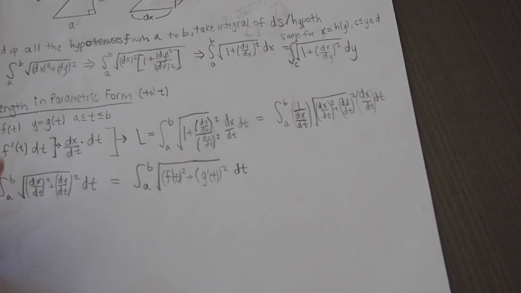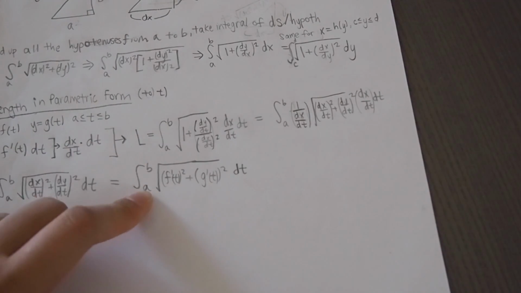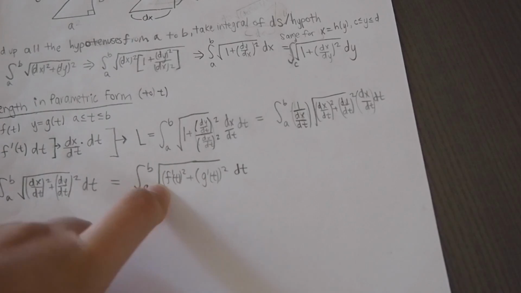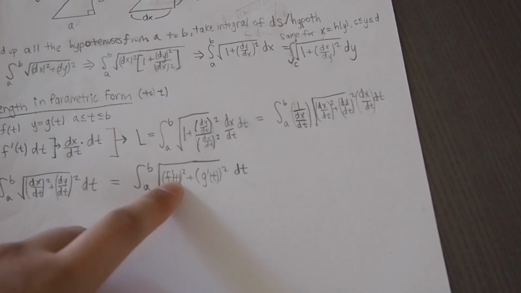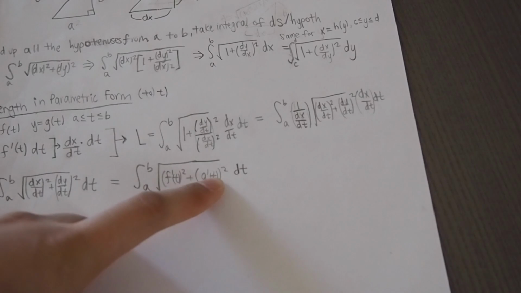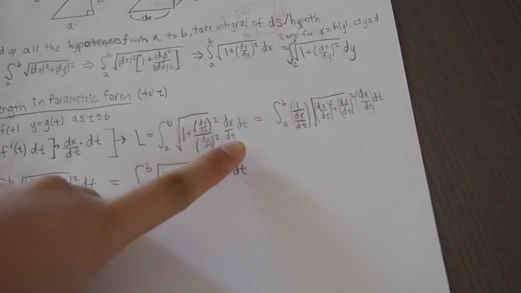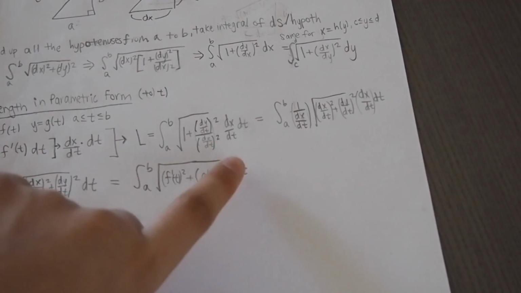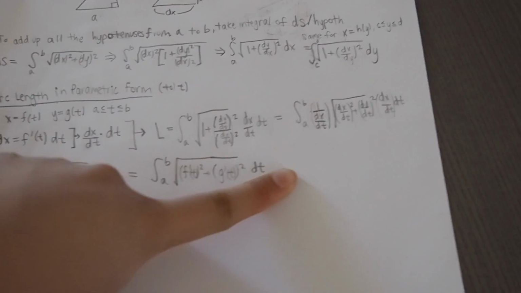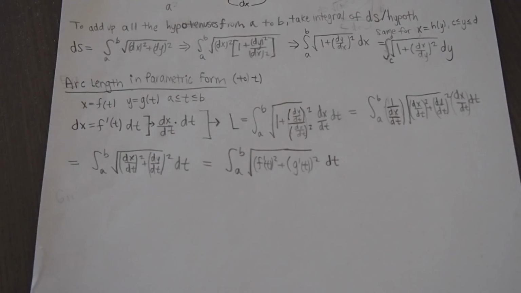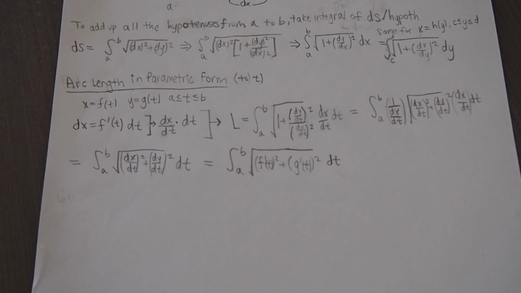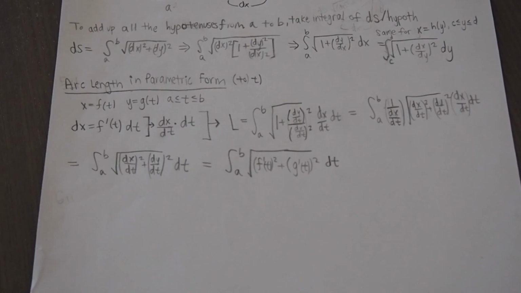We get that the arc length in parametric form is the definite integral of the square root of the derivative of f of t squared plus the derivative of g of t squared from a to b, with respect to t. This is going to be really helpful when we start learning how to find the arc length in R3.